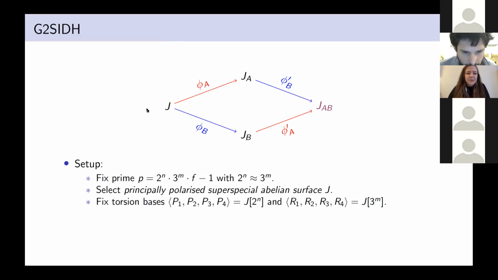The genus 2 variant of this is a higher dimensional generalization introduced by Flynn and Ti, and it uses principally polarized superspecial abelian surfaces instead of elliptic curves. Alice and Bob use (2,2)-isogenies instead of 2-isogenies and (3,3)-isogenies instead of 3-isogenies, like in the SIDH case.